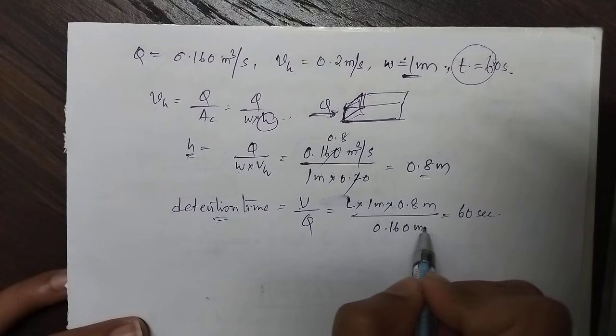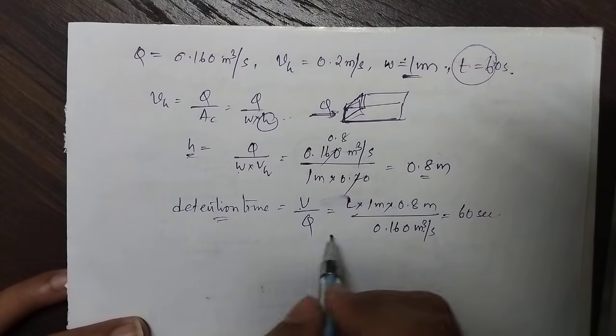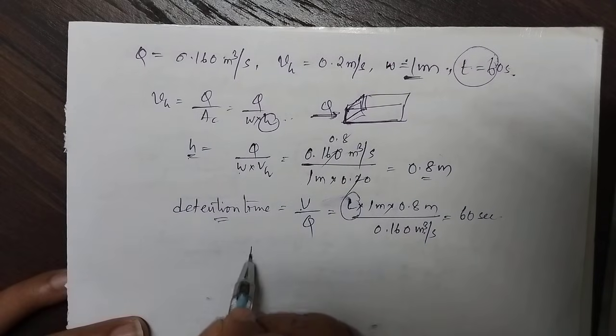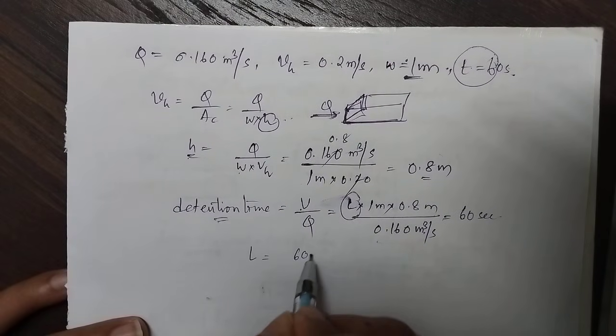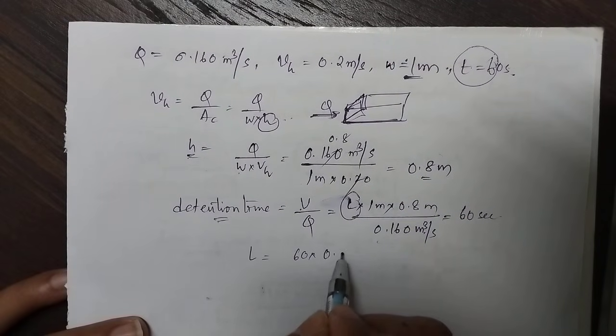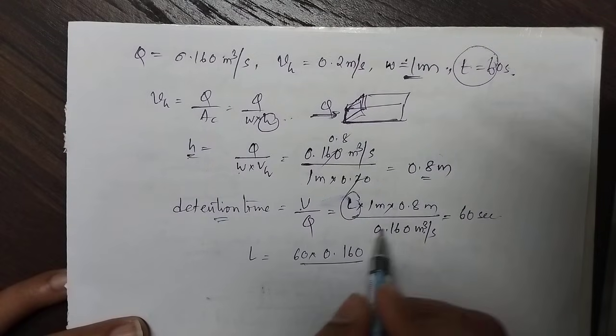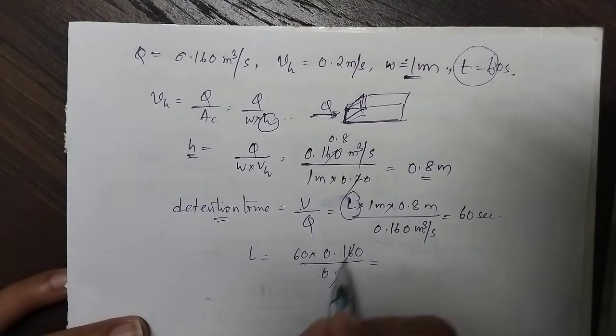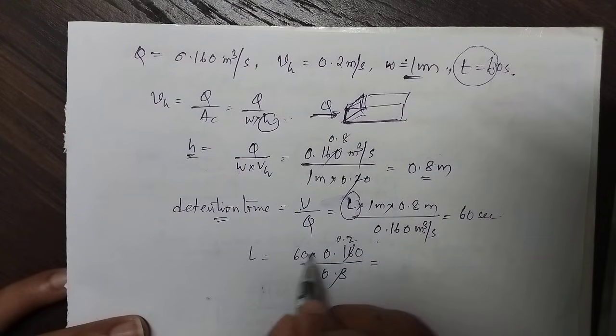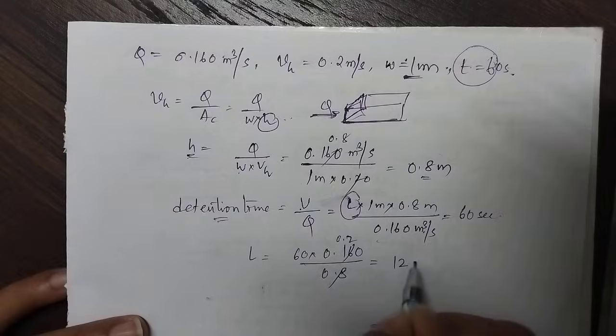Here this is meters cube per second. So if you calculate L from here, L is equal to 60 into 0.160 by 0.8. This should come to 12 meters.